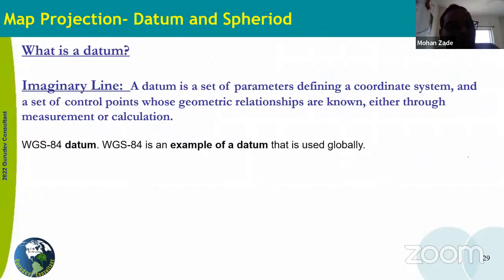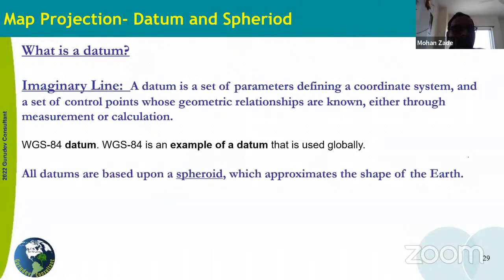Most of the time, the WGS 84 datum, that is World Geodetic System 84, is the most common example of a datum that is used globally. And all datums are based on some spheroid, because the Earth is irregular, but to give a dimension or do calculations, a shape of the Earth has to be fixed.